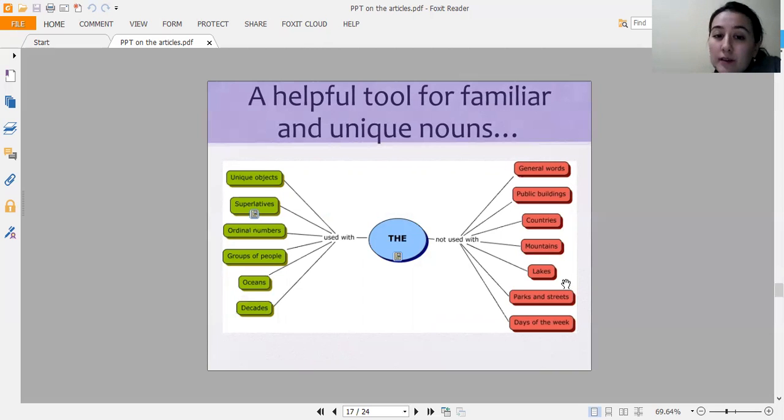On the left are the nouns where we can use the, and on the right are cases where we cannot use the article the. Unique objects, superlatives, ordinal numbers, groups of people, oceans and decades are used with the article the. General words, public buildings, countries, mountains, lakes, parks and streets, and days of the week are not used with the.